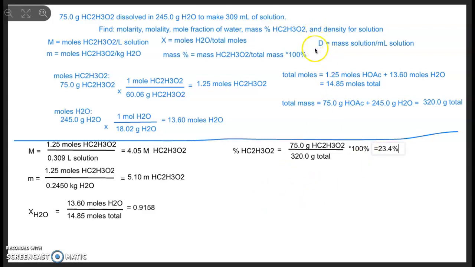And then finally, the density of the solution. The density of the solution is its mass divided by its volume. The mass of the solution in total was 320.0 grams. The volume of the solution was 309 milliliters.